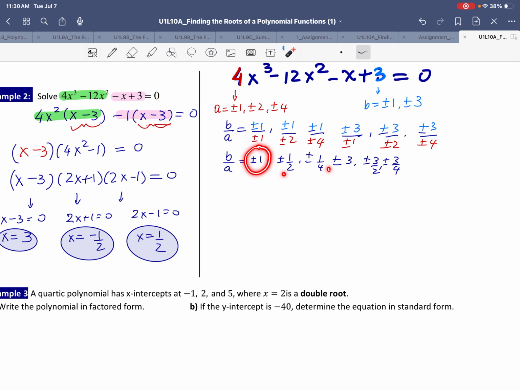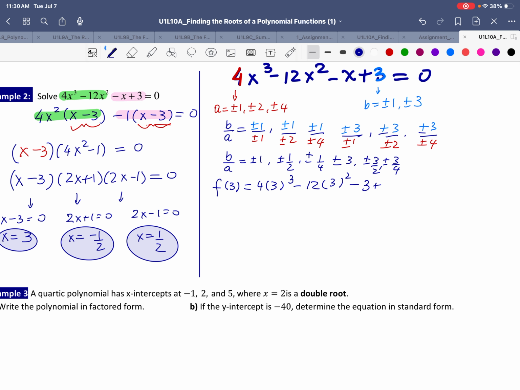Use a calculator. You don't have to show the work, but I'm going to show the work for f of 3 here, just so that we can see it. And we'll have 4 times 3 to the power of 3 minus 12 times 3 squared minus 3 plus 3.